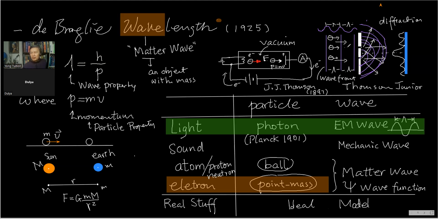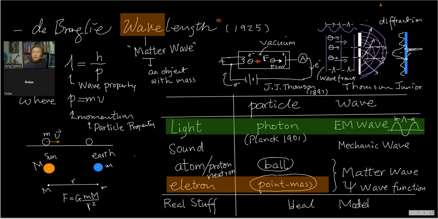One electron can reach this position, and this electron can go through in a straight line and reach this position. After some time, you accumulate a lot of electrons on these two positions. Do you agree?